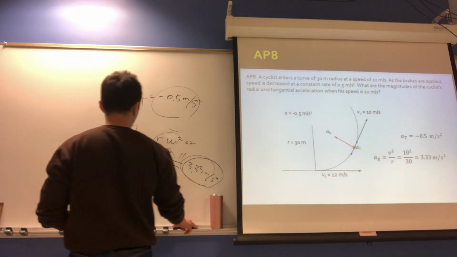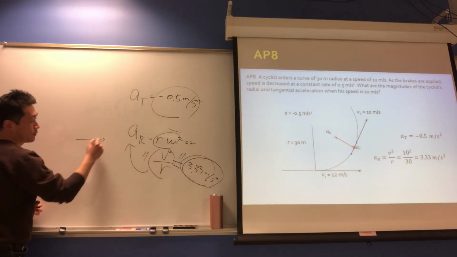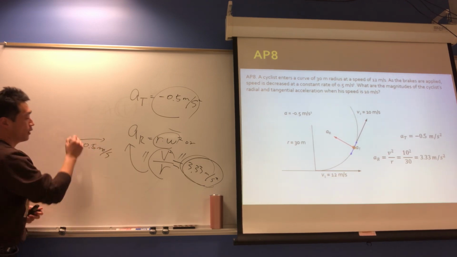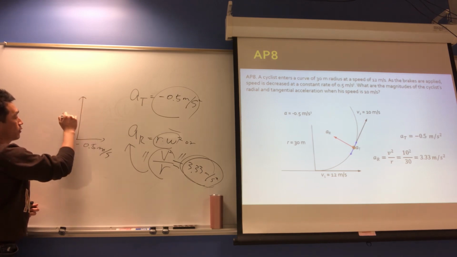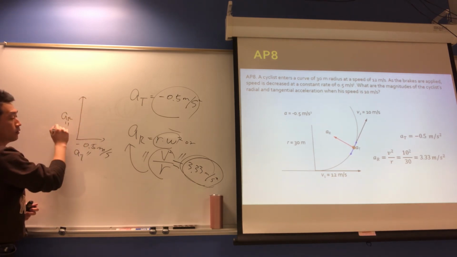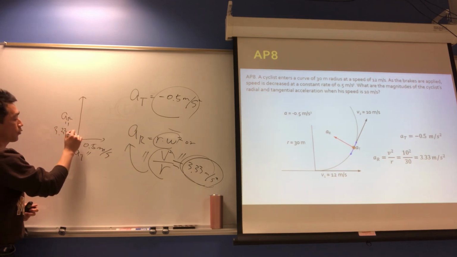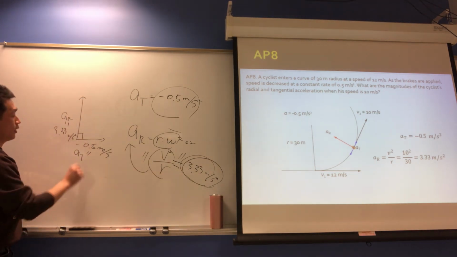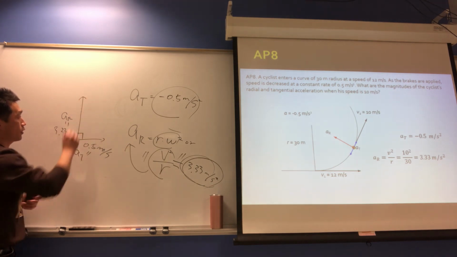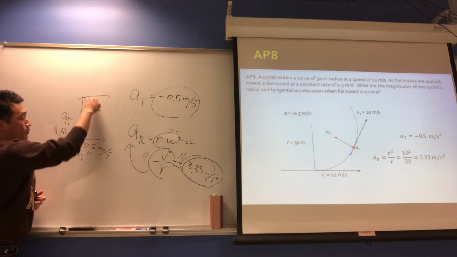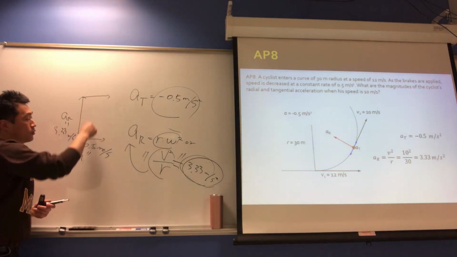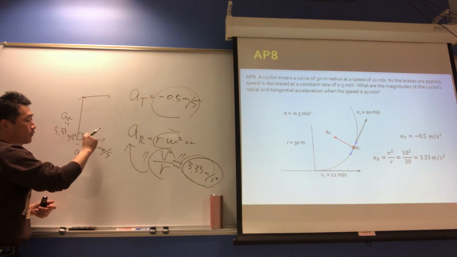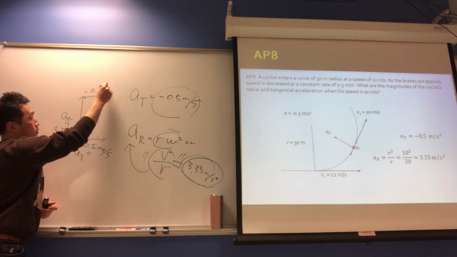So I can visualize these two: tangential, 0.5 meters per second squared, and radial, 3.33 meters per second squared, perpendicular to each other. You can move the tangential vector from here to here, because I didn't change its magnitude or direction. So it is negative 0.5 meters per second squared.